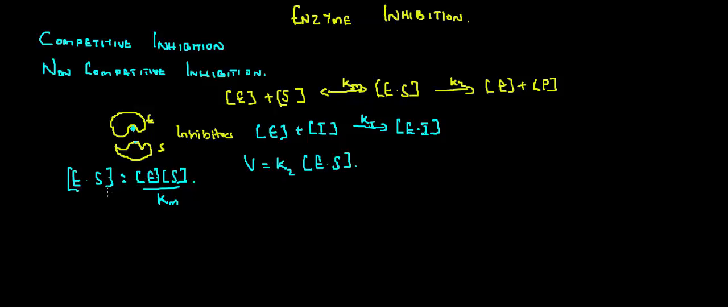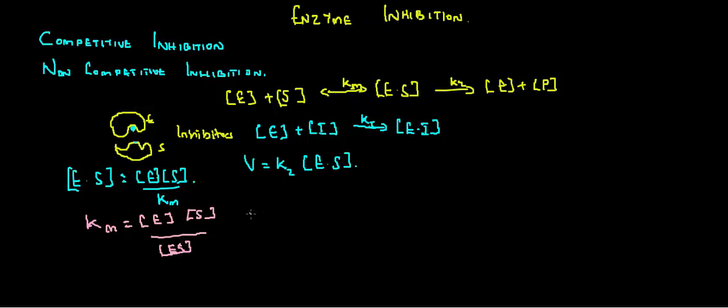Earlier on I'd already derived this equation. If you go back and check your Michaelis-Menten derivation video, you will understand the concept behind this. So I can see here that KM is equal to E times S over ES. Now this is settled.